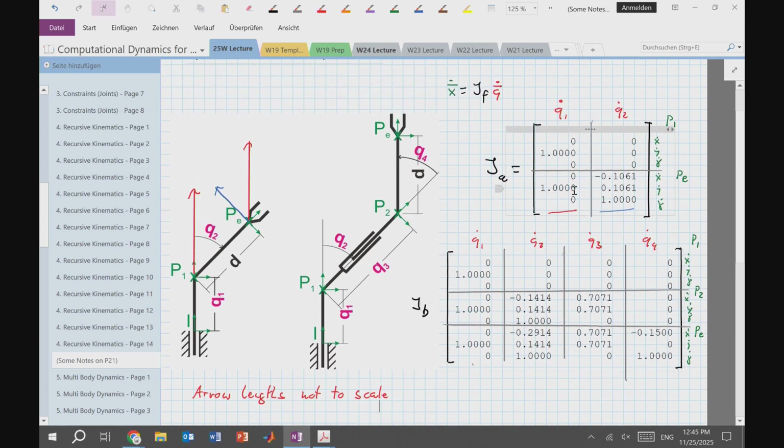Because the red arrow has a magnitude of 1, and this blue arrow you see here has a magnitude of, I think, 0.15. So they're not drawn to scale.